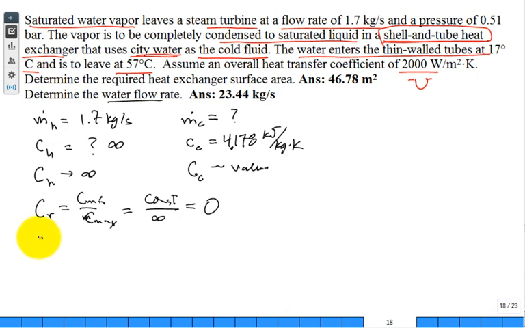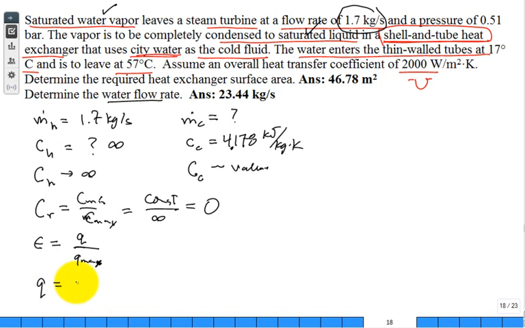What is our effectiveness? Can we calculate our effectiveness? Well, it would be Q divided by Q max. We have our mass flow rate, and we know it's going from saturated vapor to saturated liquid. Can you calculate Q?